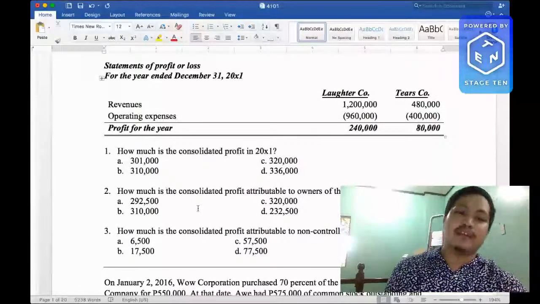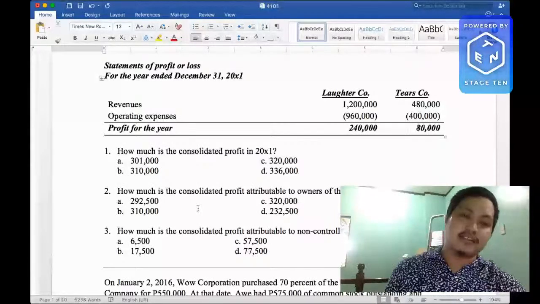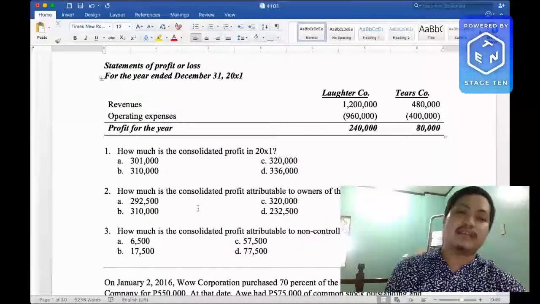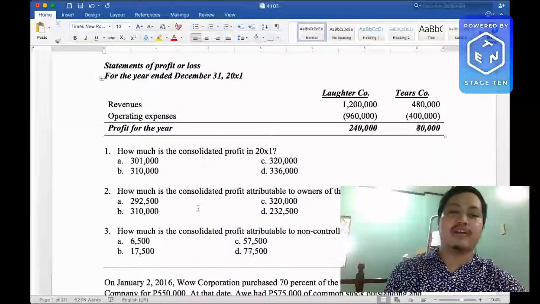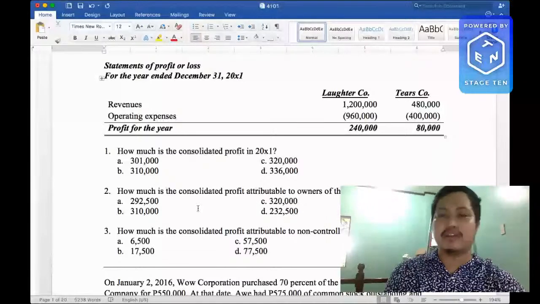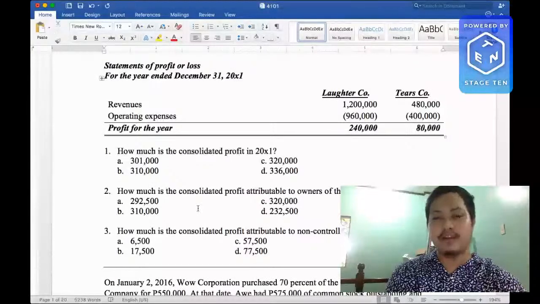If you do that, class, it's as if you are letting the non-controlling interest share also in the profit of the parent. Remember, the 310 includes the profit of the parent. And the non-controlling interest in the subsidiary, class, should not have any participation in the profit of the parent alone.